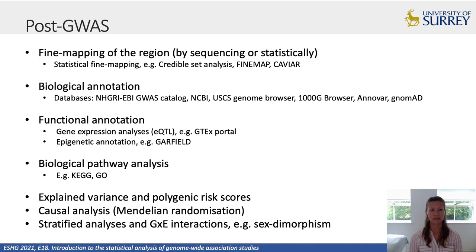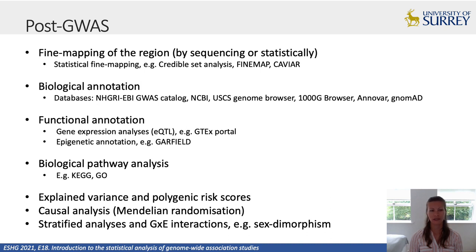So for example, by statistical fine mapping, we could try to identify the so-called credible set of causal variants in that region, or we could use some statistical software such as FineMap and Caviar. We can do biological annotation by using multiple databases that are available, and we can also do functional annotation by looking at gene expression and epigenetic annotation.